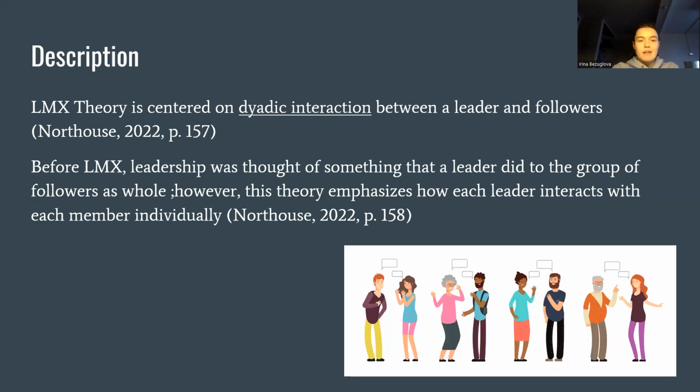Before this theory became official, leadership was thought of as something that a leader did to the group of followers as a whole. However, this theory emphasizes how each leader interacts with each member individually, as opposed to just having a one-way interaction with the whole group.